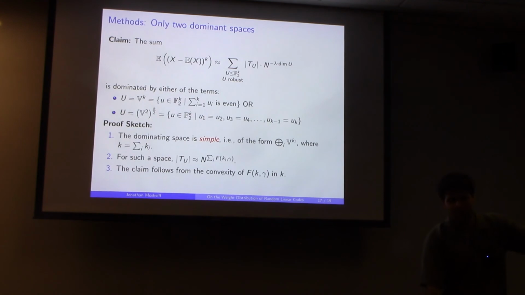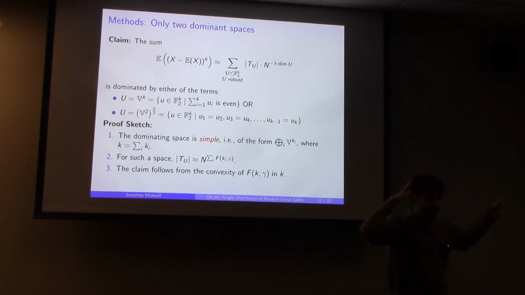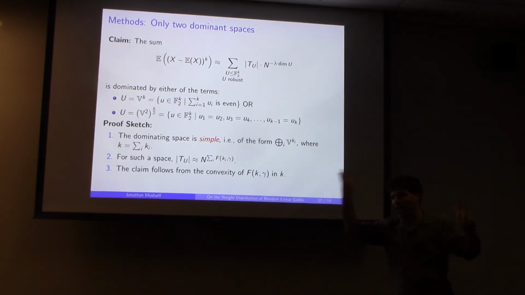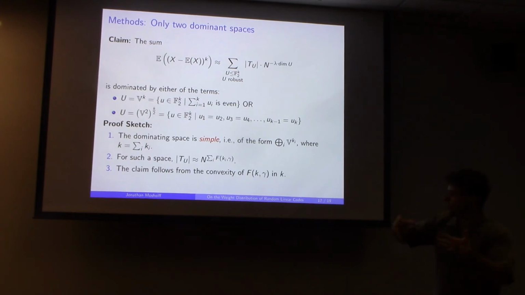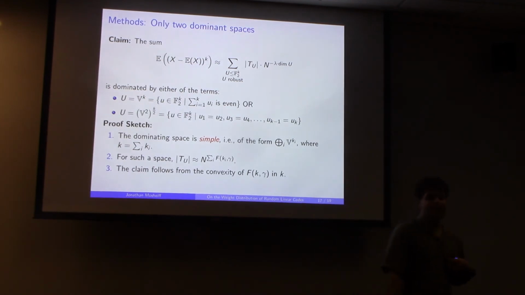It's not one-dimensional, of course, but you can imagine a spectrum of all these spaces between those that have very many constraints and those that have very few constraints. And then you can ask, okay, what does this TU function look like?